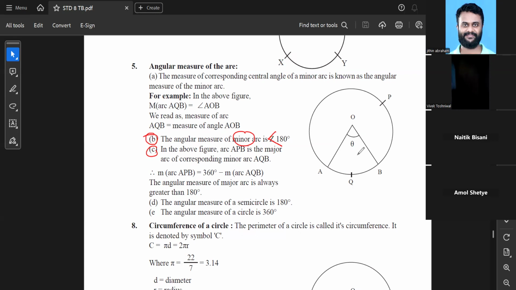We discussed this particular point just 5 minutes before. The measure of any particular major arc is always 360 minus the measure of the minor arc, like 360 minus x, as I had already explained. So this formula is pretty important.